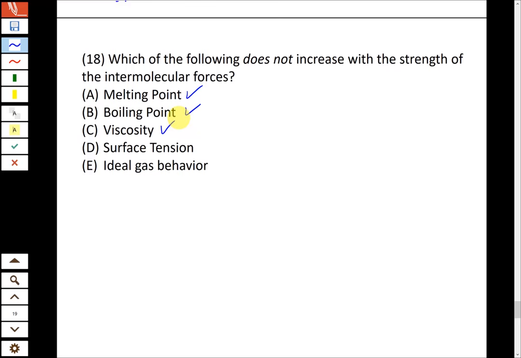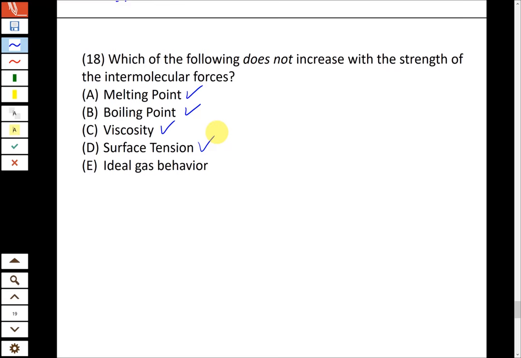And then surface tension, which is basically that upper bound that a liquid surface has, where basically all the forces are pulling down on those top molecules and keeping them sort of rigid at the top. That's also going to increase if the intermolecular forces get stronger. So all of those key properties of a liquid, melting point, boiling point, viscosity, surface tension, they all increase with the strength of IMFs.